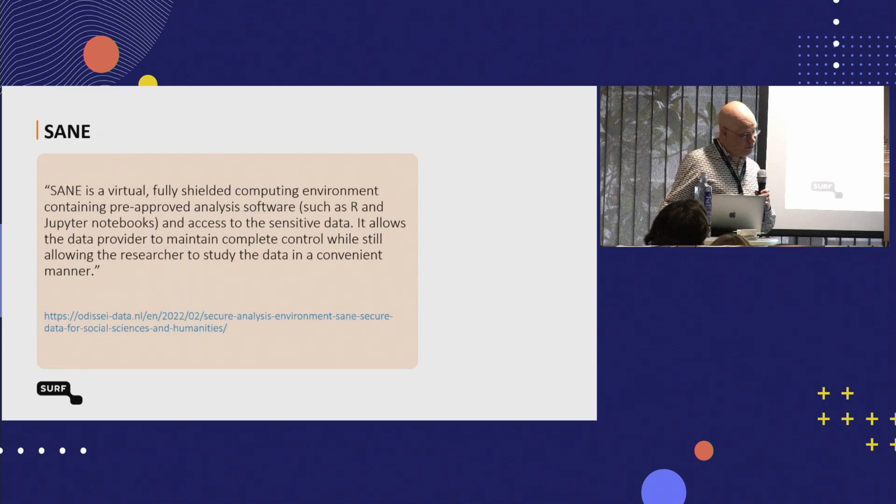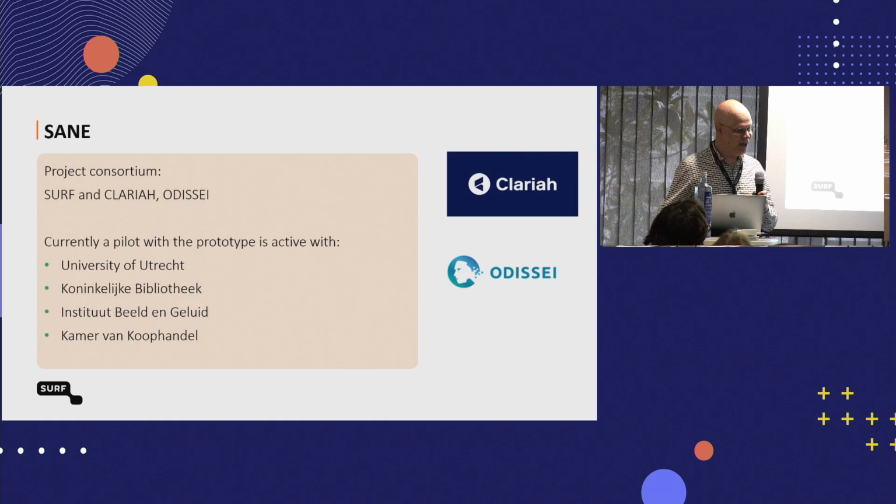SANE is a virtual, fully shielded computing environment, with R and Jupyter Notebooks, and this is the goal. And it's from CLARIAH, which is CLARIN ERIC connected, and Odissei, which Wim also talked about, which is more the census data in the Netherlands.